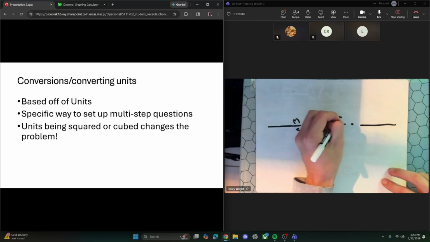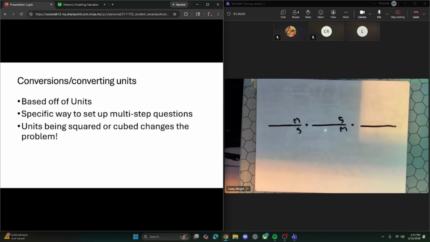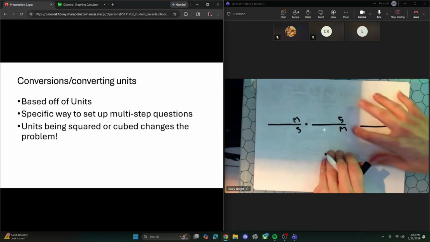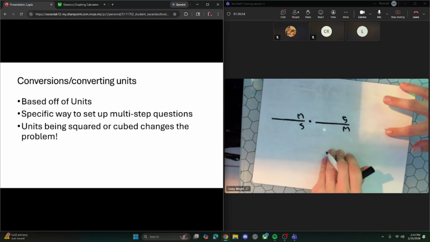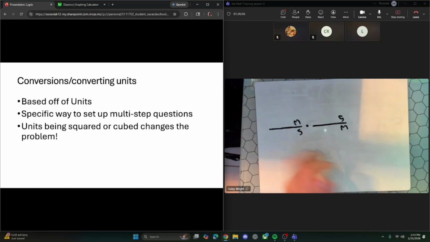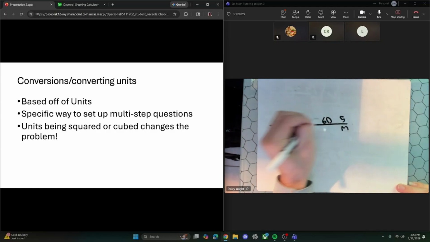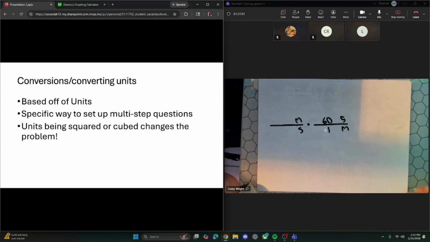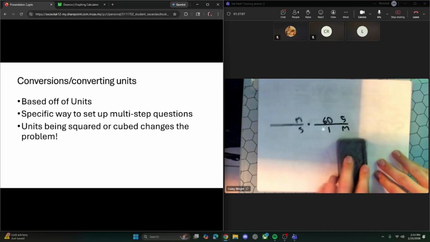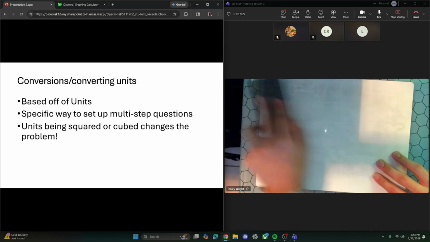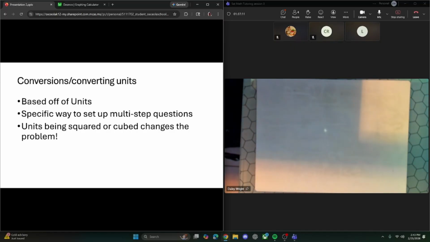So you would put seconds and then per minute at the bottom. There's 60 seconds for every minute. So if you multiply whatever you have by 60, you'll get how much it is per minute. I'll show you that once we get into some of the equations.